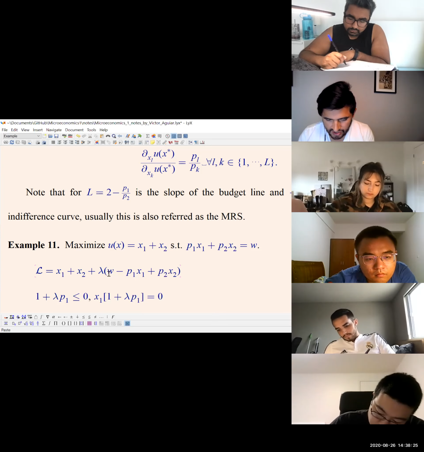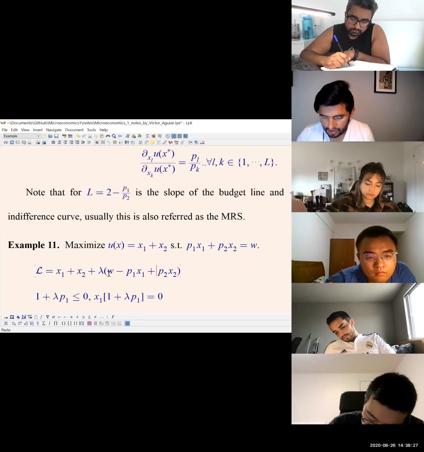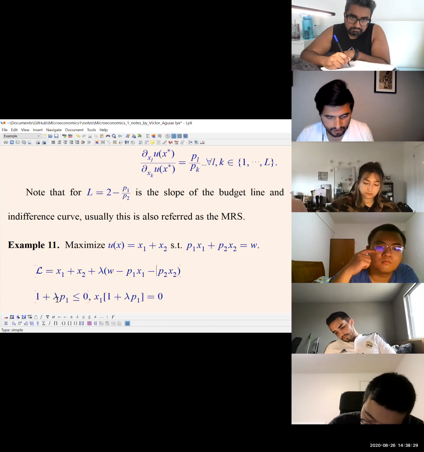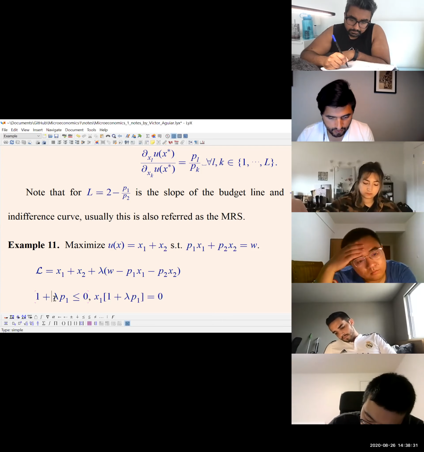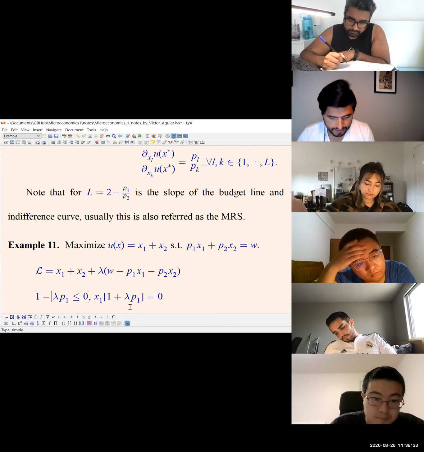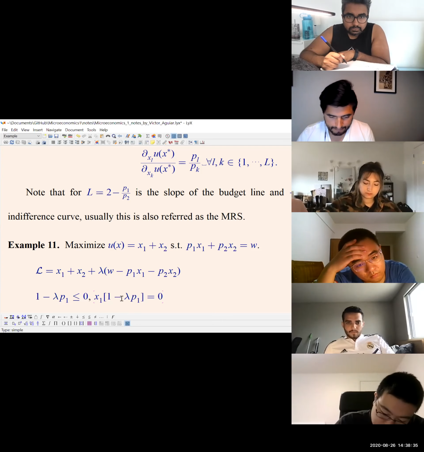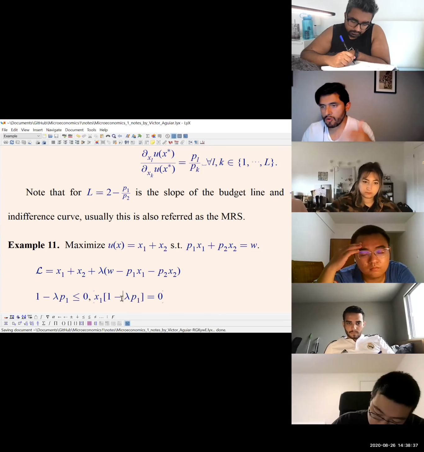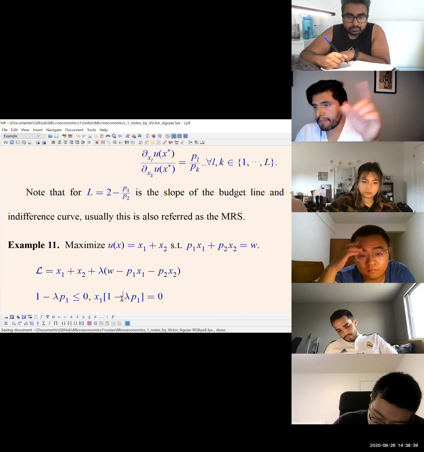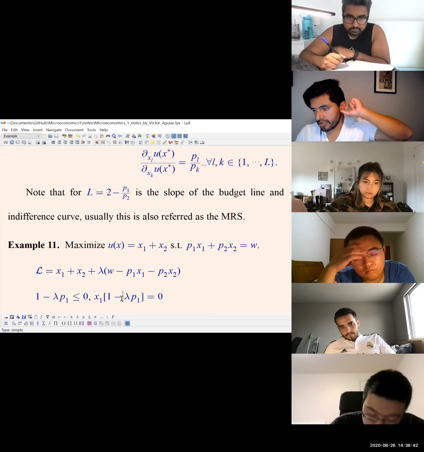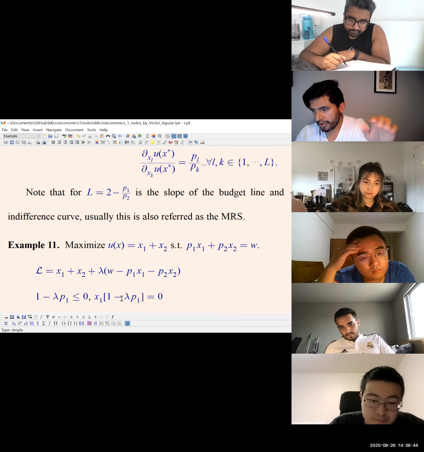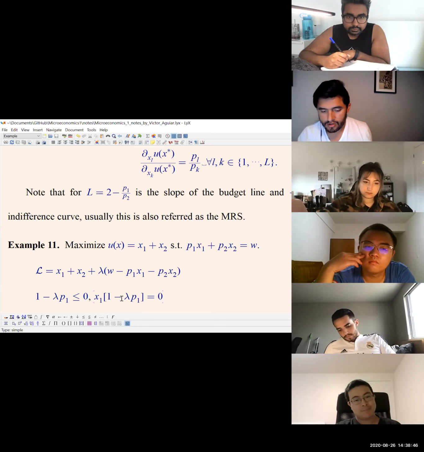This just changes the value of the Lagrangian, so it doesn't matter. I can do this the same way, so I'm just going to put a minus here. Remember that I can just flip it. It's just the value of the Lagrangian, it changes but it doesn't matter. Both things go the same way.